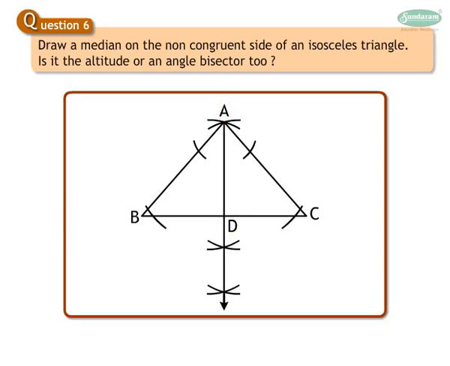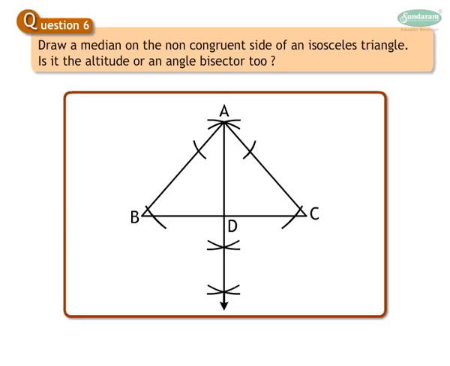If we draw an altitude from the vertex A to the side BC, this altitude is congruent to the median AD, or we can check that median AD is making a 90 degrees angle to the side BC. That means median AD is also an altitude of the isosceles triangle ABC.